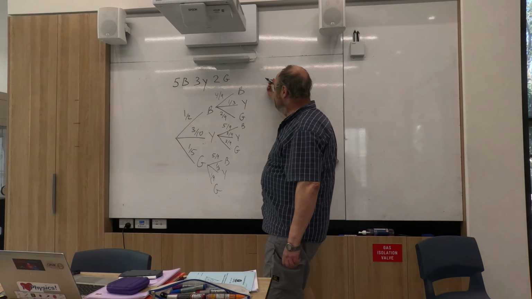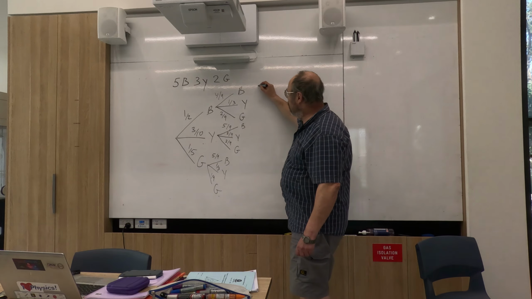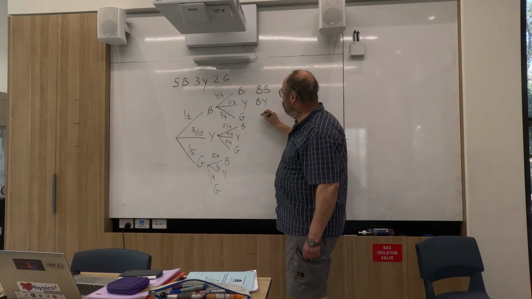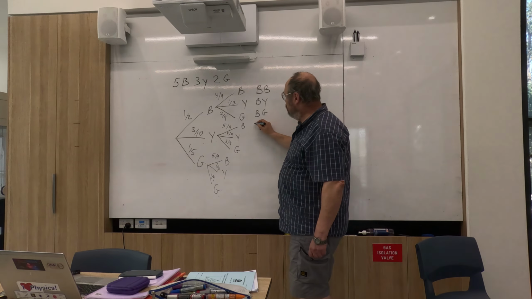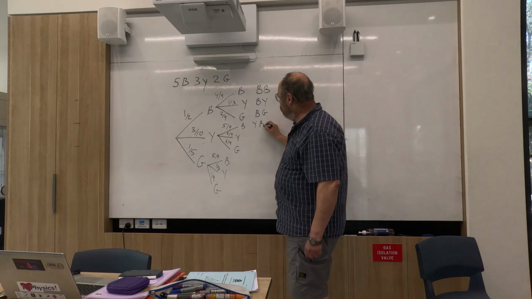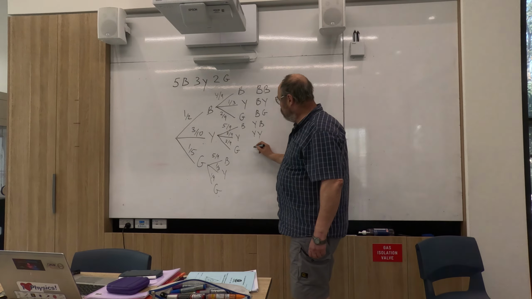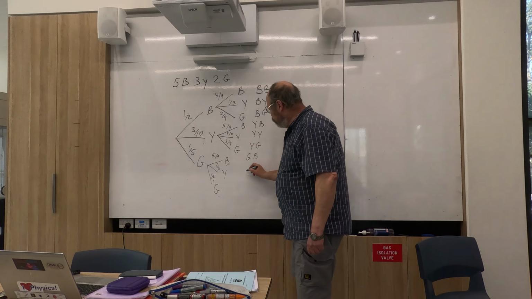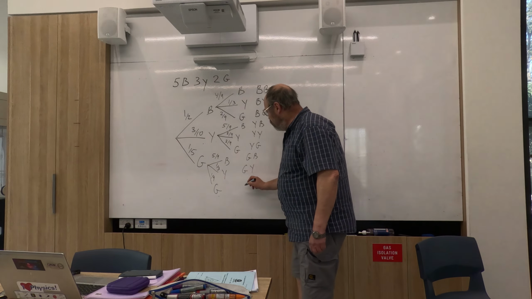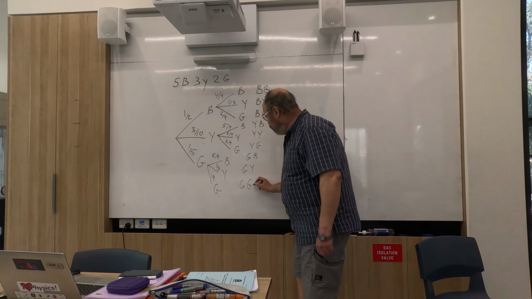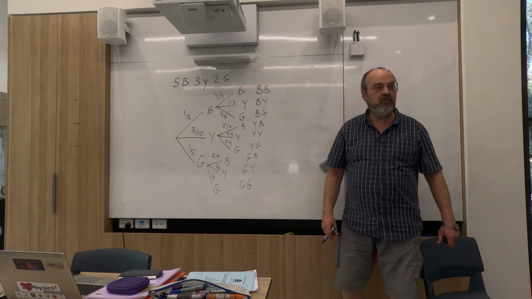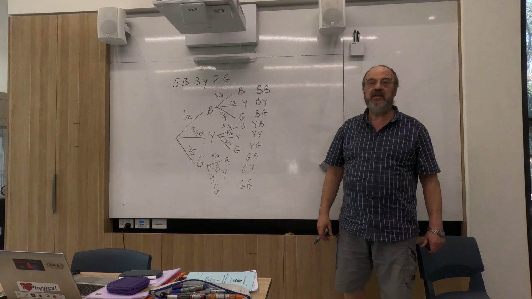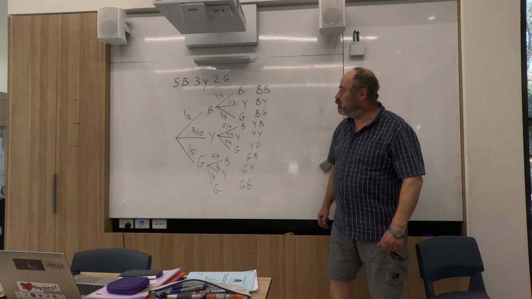So the final outcomes are: blue-blue, blue-yellow, blue-green, yellow-blue, yellow-yellow, yellow-green, green-blue, green-yellow, green-green. How do we find the probability of each outcome? We multiply the probabilities along the way to this outcome.